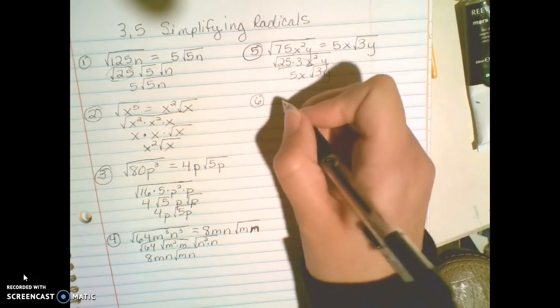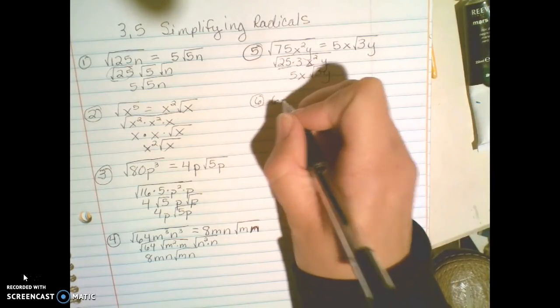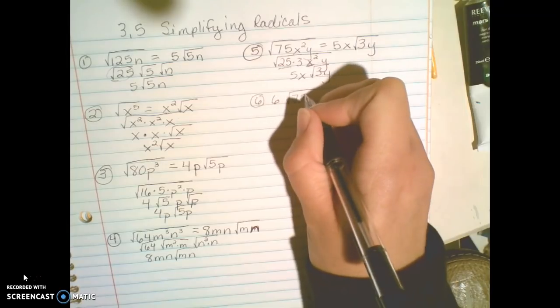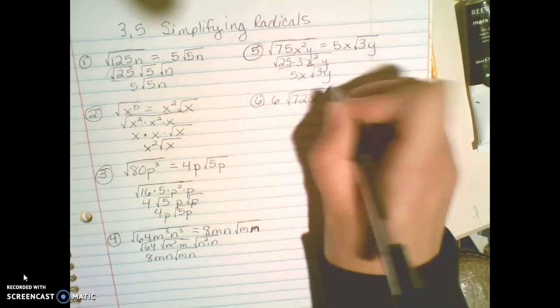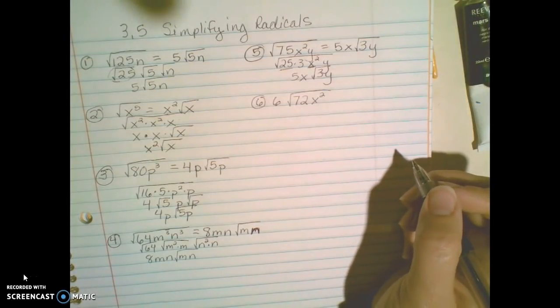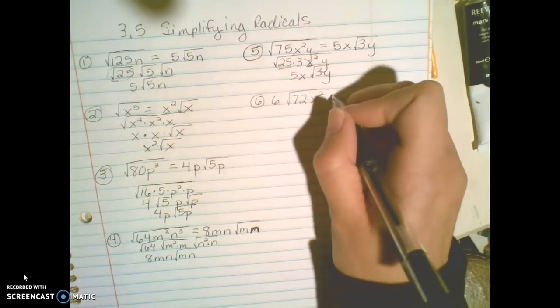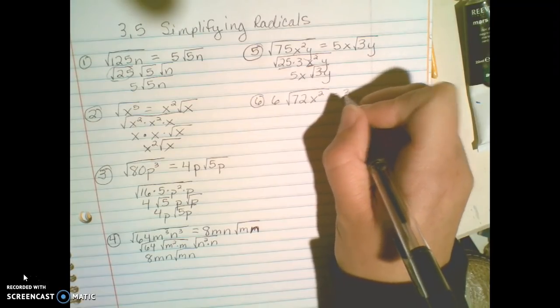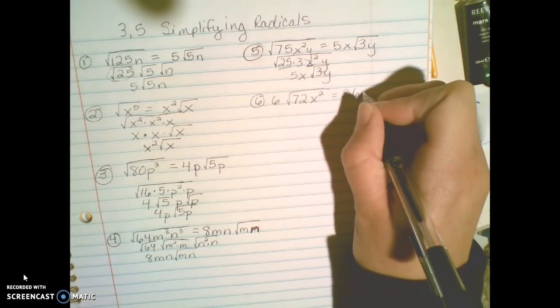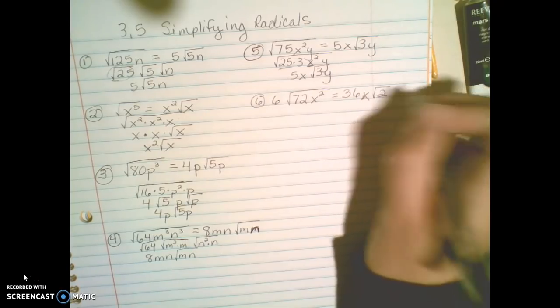Okay, another one. Number 6 is going to be 6 square root of 72 x squared. The answer to this one is going to be, let's see, 36x square root of 2.